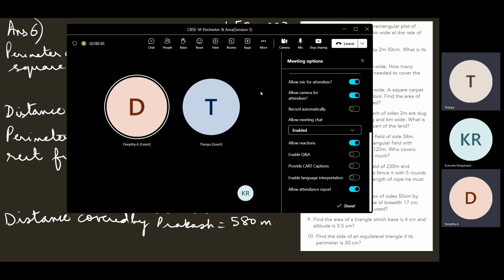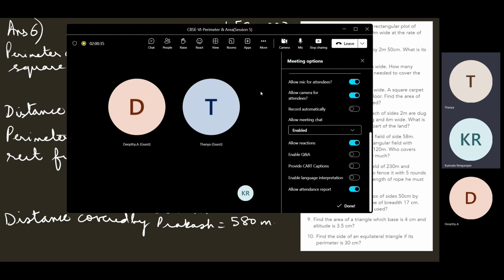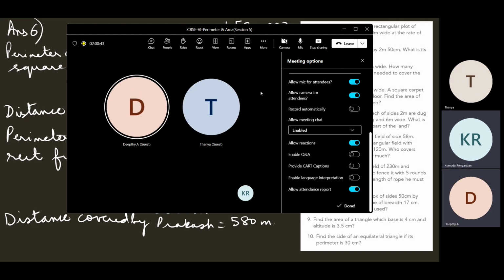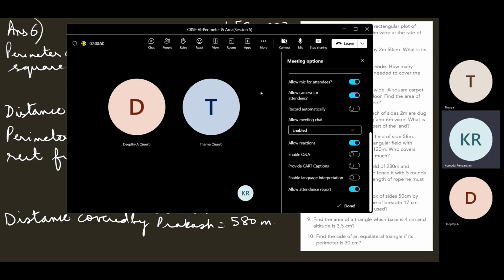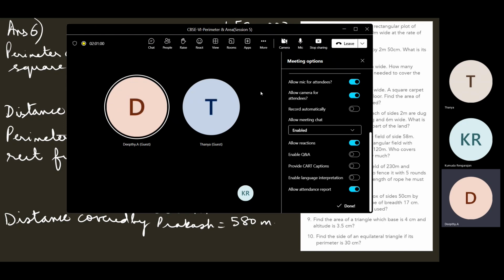Ma'am, what is the due date for finishing these assignments? No, nothing like that as of now. What is the date today? It is the 26th, no? Yes. I'll just look into the assignment, because yesterday I had time, so I just posted everything, children. You can start working from the first chapter, Knowing Our Numbers, and Mensuration.